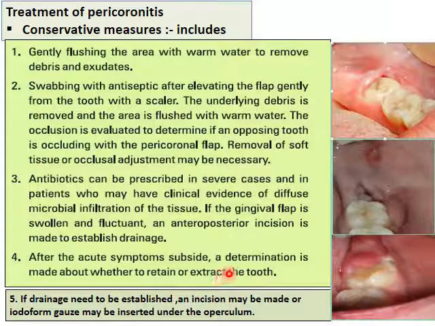It depends on your evaluation and the case of the patient. If drainage needs to be established, and you find a collection of pus with no release, you may make an incision and do evacuation, possibly with artery forceps. You can also insert iodoform gauze under the operculum to assist drainage. The iodoform is sterile and helps us with drainage of the area.